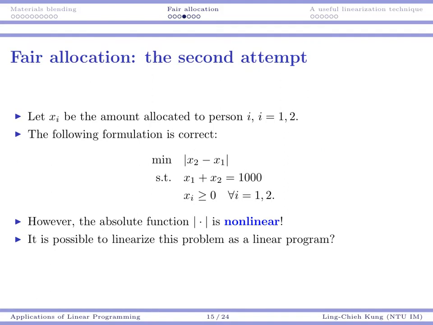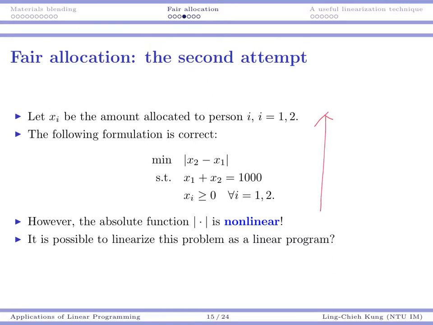So the right way of doing the formulation is to add this absolute value function to x2 minus x1. Okay, then this is really what we want. Unfortunately, even though this is a correct formulation, this is nonlinear, because the absolute value function is nonlinear.